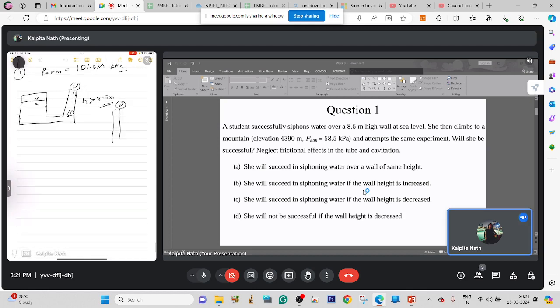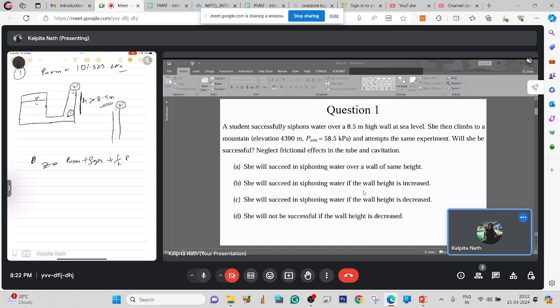If we apply Bernoulli's equation, let's suppose we can get the height. So this is P atmospheric plus rho g h for this height h, plus half rho V2 square. But velocity becomes 0 at point 2, right?